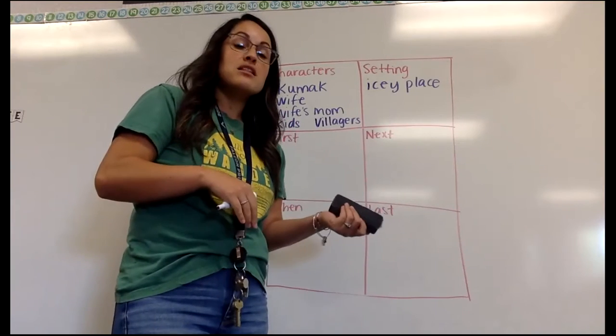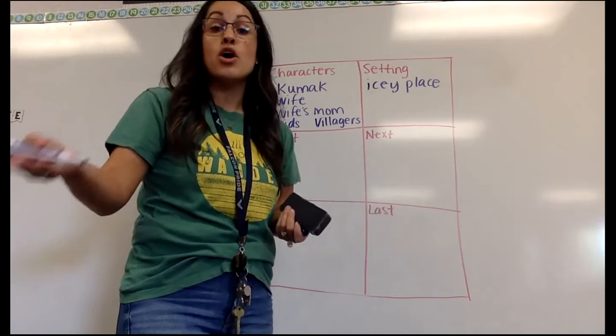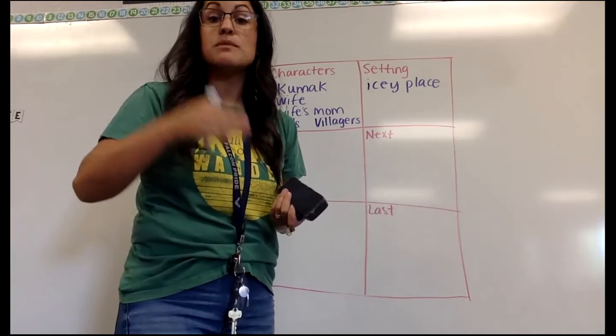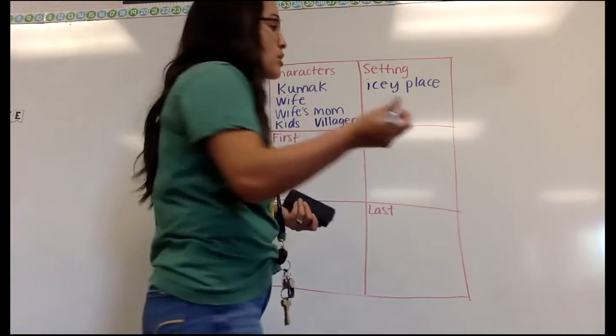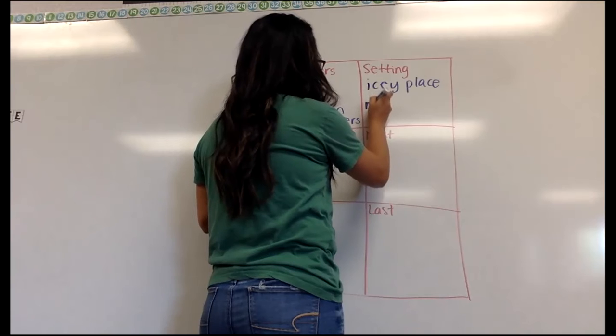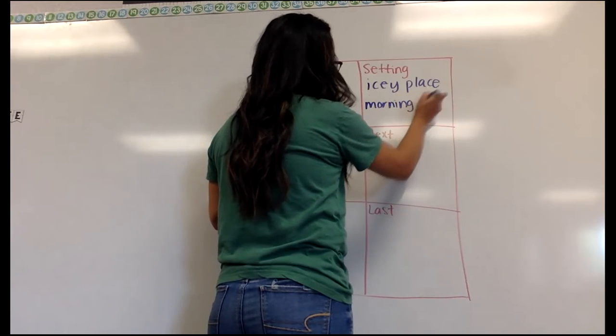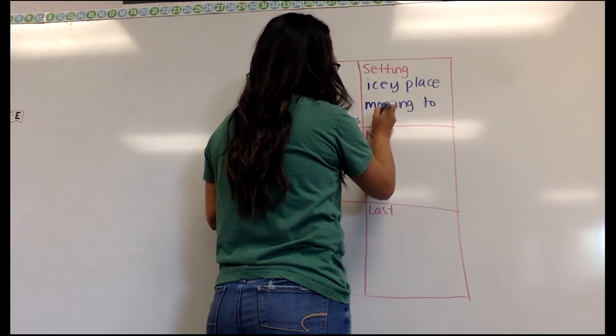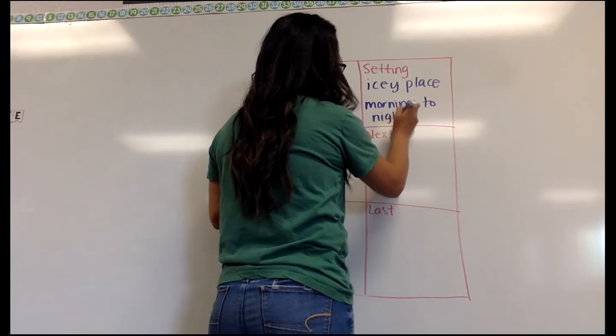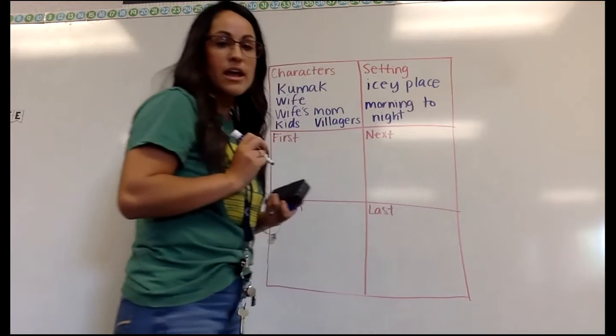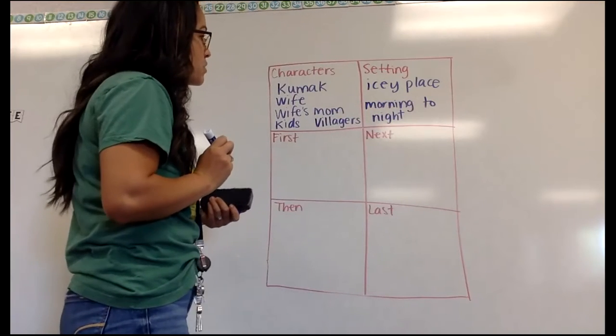And then at the end of the story, it said they were getting ready to go home for the day, which means it was the end of the day. So we're gonna say morning to night. All right, that's our setting.